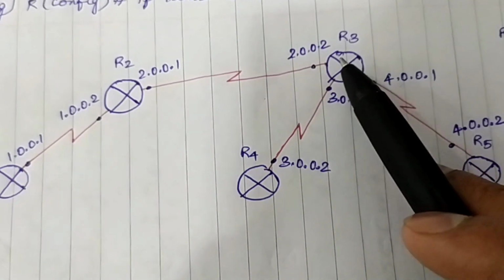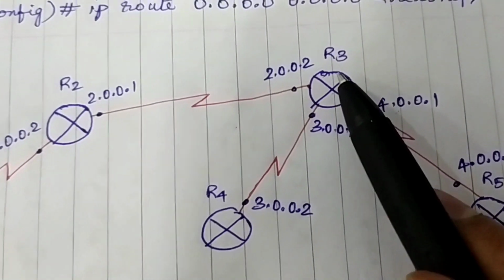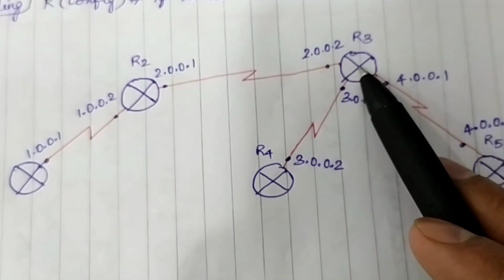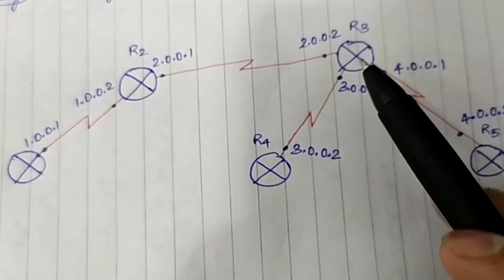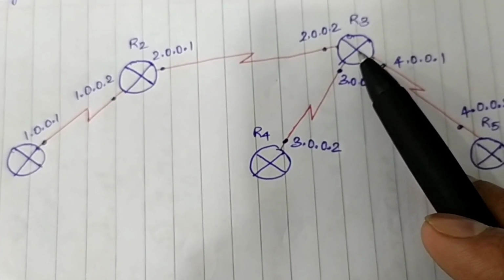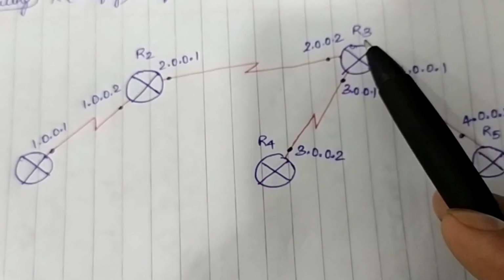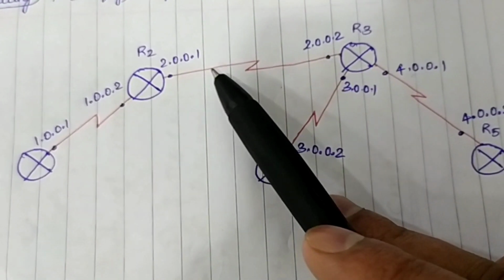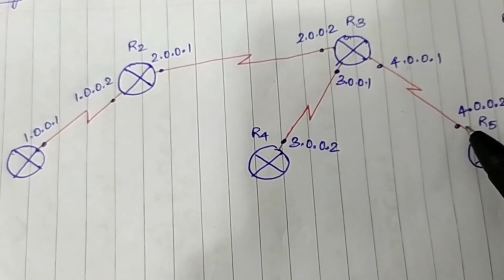Now, as I told you, I am going to configure static routing on this R3 router. First, what we need to check is how many serial links R3 has. How many serial links are connected directly with R3? This one, and this one.